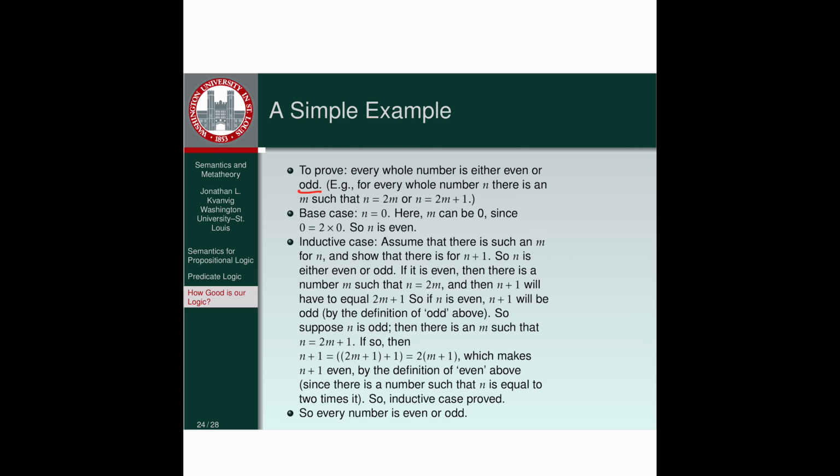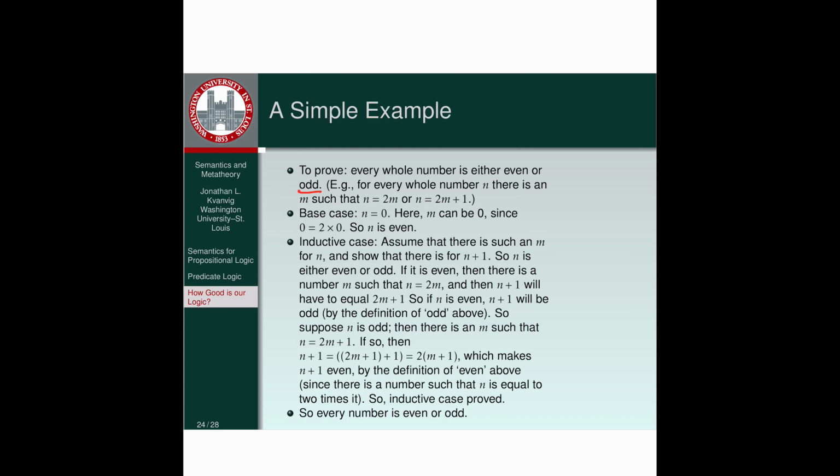So first we're going to consider the base case, the case where n equals 0. For the base case, m can also be 0, since 0 equals 2 times 0. So in the base case, n is even. So in the base case, n is either even or odd because it's even. Now consider the inductive case.